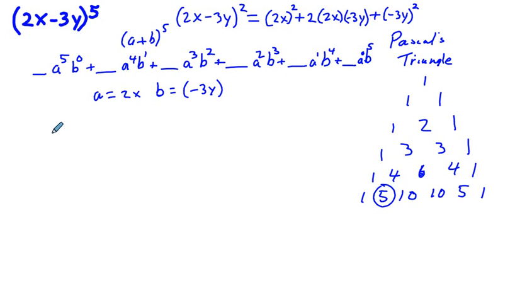We're going to have some coefficient. I'm just going to leave this blank here, and we're going to replace the a to the fifth with 2x to the fifth, and then we'll have b, which is negative 3y, to the 0 power, plus some coefficient.